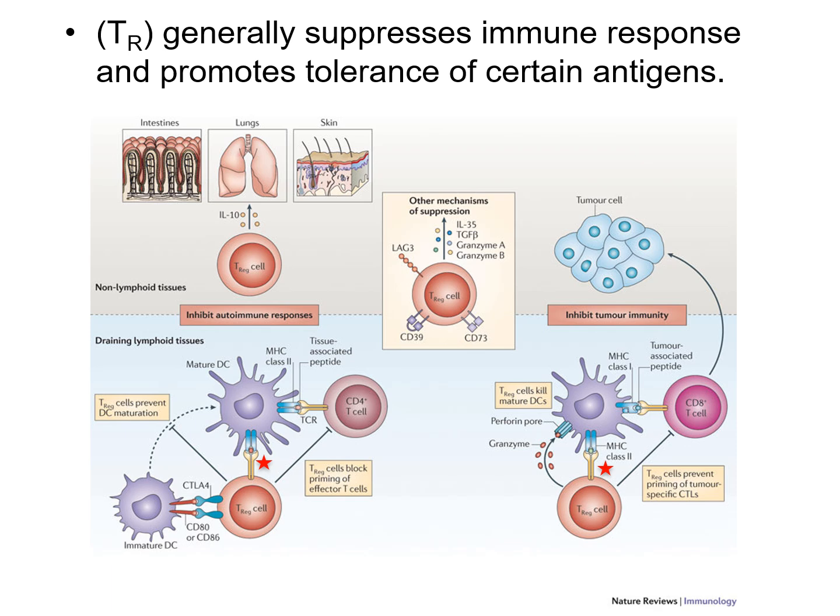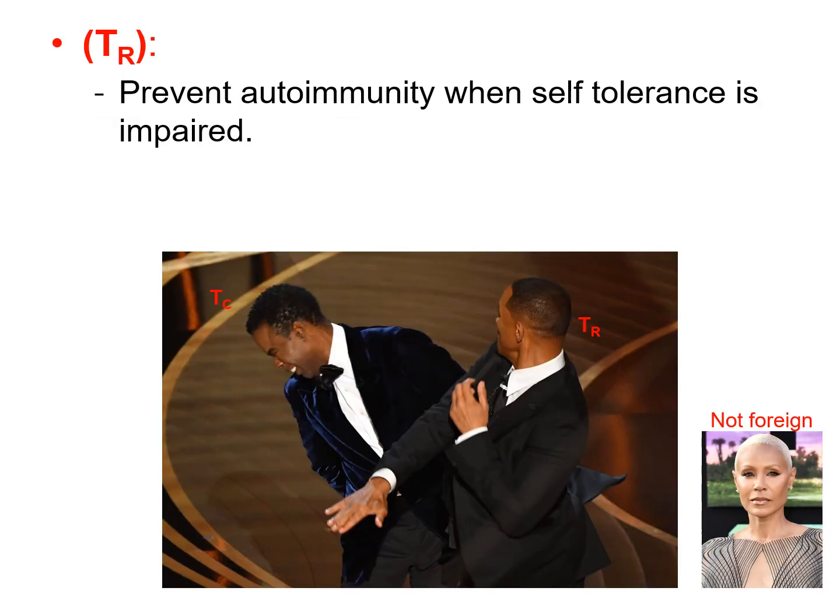So T repressor regulatory generally suppresses the immune response and promotes tolerance of certain antigens. The T regulatory prevents autoimmunity when self-tolerance is impaired. So the T cytotoxic on the left wants to start dropping those barrels on the thing that is not foreign to the far right.